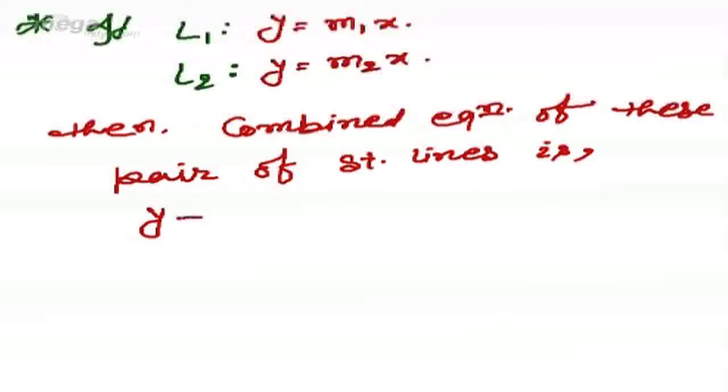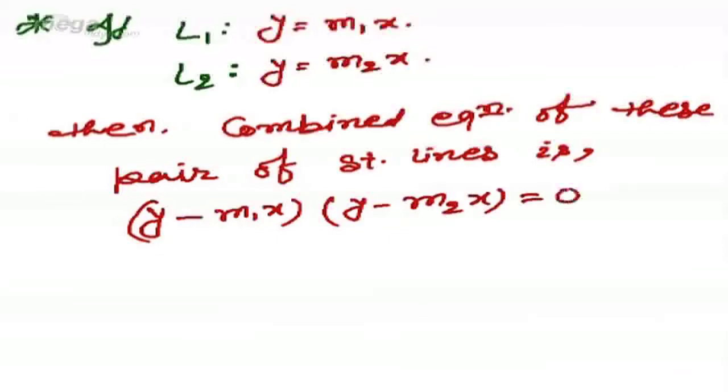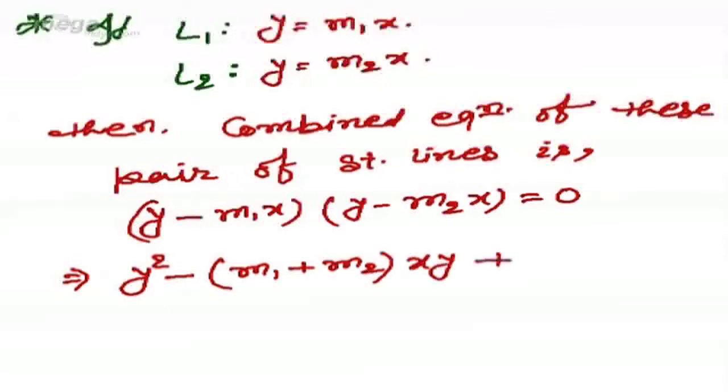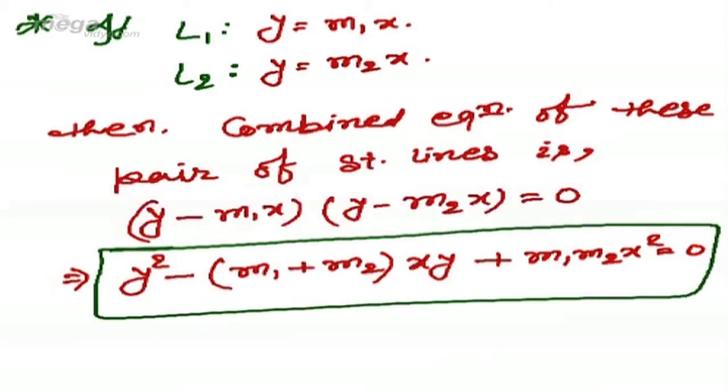This will be y minus m1x into y minus m2x is equal to 0. When you open the bracket, you will get y square minus m1 plus m2 into xy plus m1 m2 x square is equal to 0.